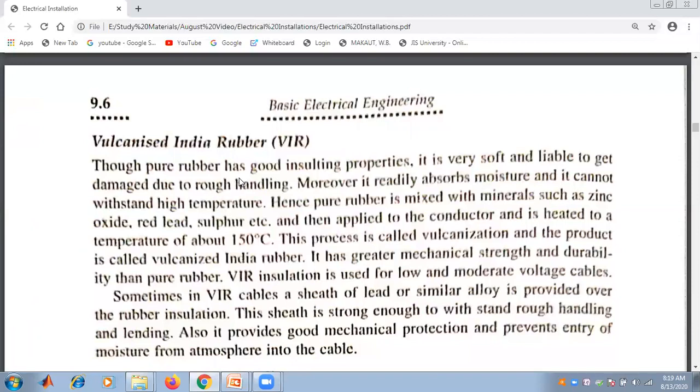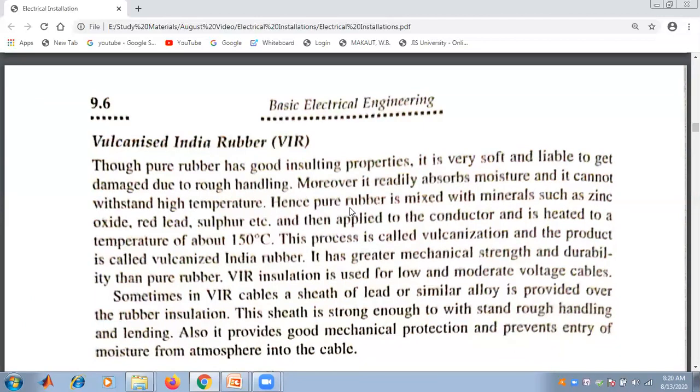Pure rubber has good insulating properties. It is very soft and liable to get damaged due to rough handling. Moreover, it readily absorbs moisture and cannot withstand high temperature.